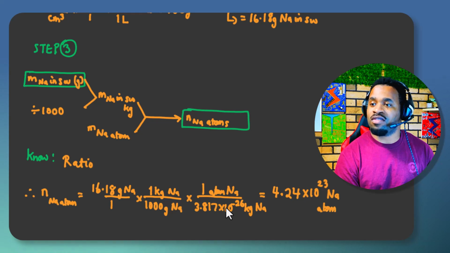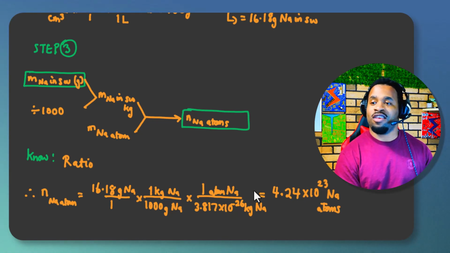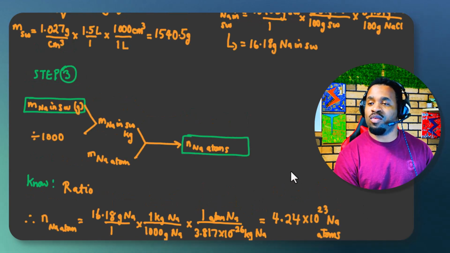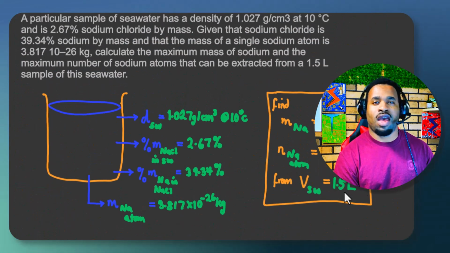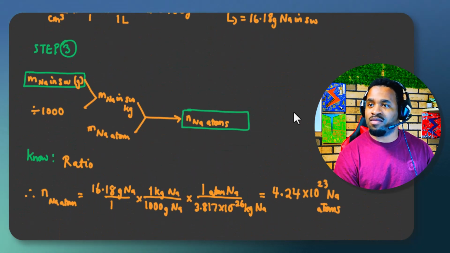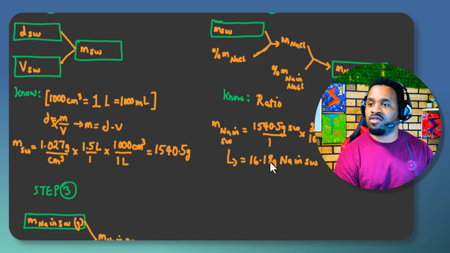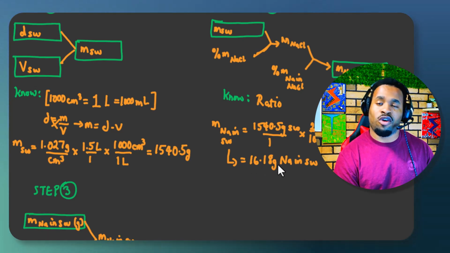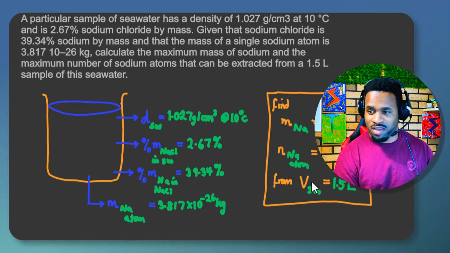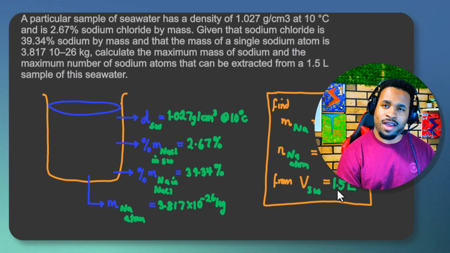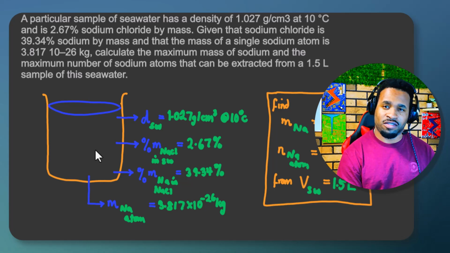And so this is how many atoms are present in what? In 1.5 liters. And in terms of the mass, as determined from our step 2, it is 16.18 grams of sodium that is also present in the 1.5 liter sample of the seawater.